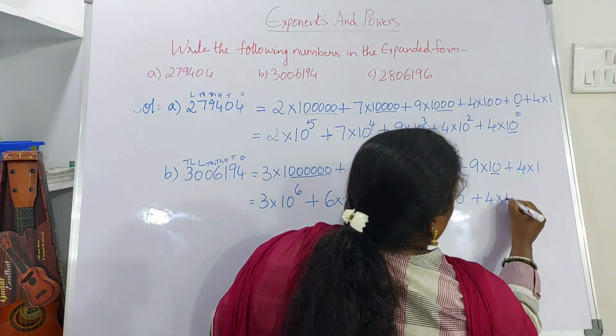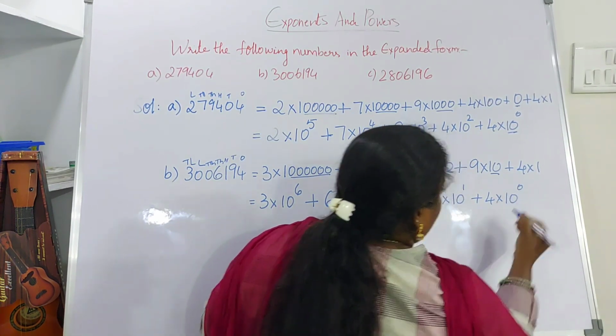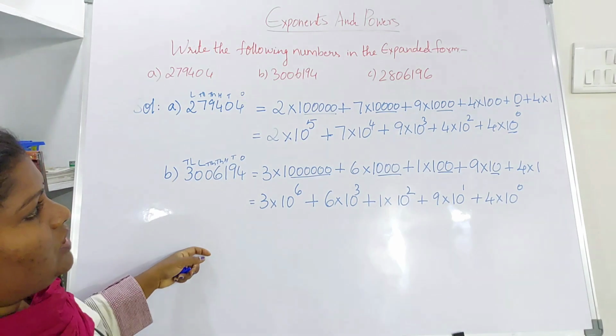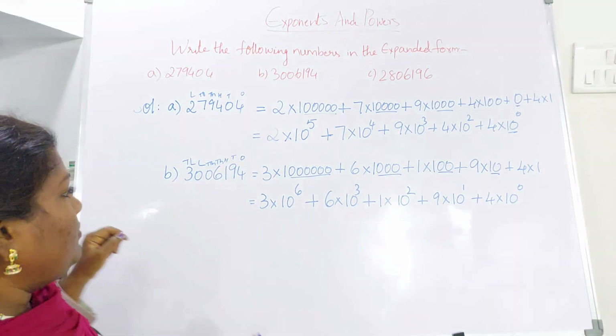So 1 I can write as 10 to the power of 0. Yes. So let me explain the next one.